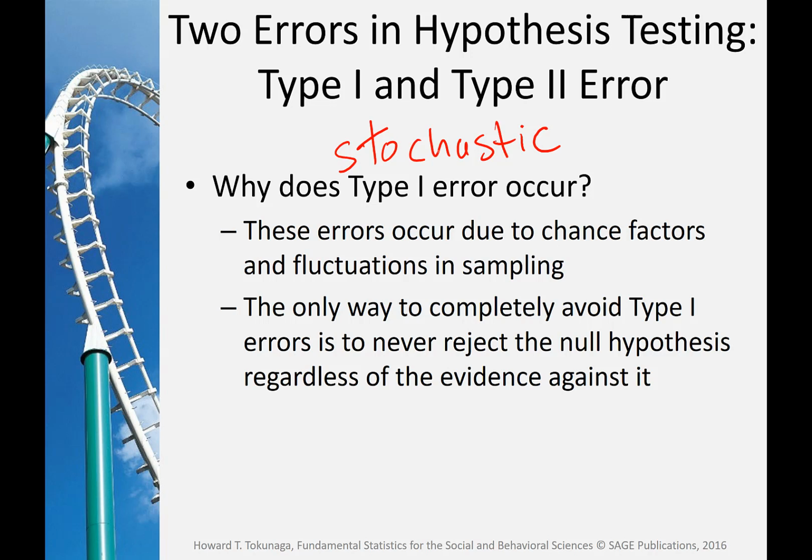That's the only 100% way to avoid the type 1 error of pregnancy. Just never do it. Don't do social science. Don't try to explain the world. Don't try to explain human beings. Just go learn how to build bridges or something. Don't do social science. It's the only way to eliminate type 1 error.